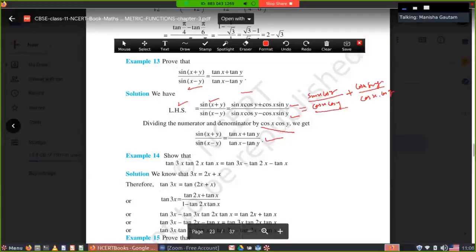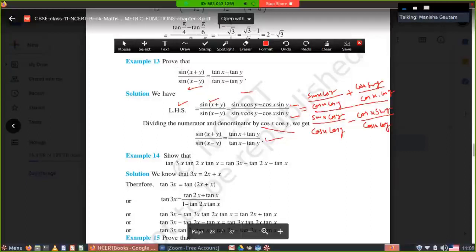This is the numerator. In the denominator, you write sin x cos y divided by cos x cos y minus cos x sin y divided by cos x cos y.